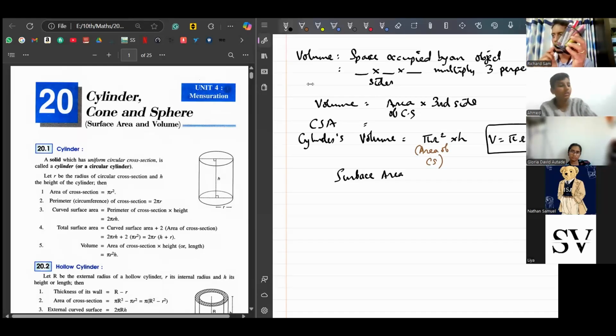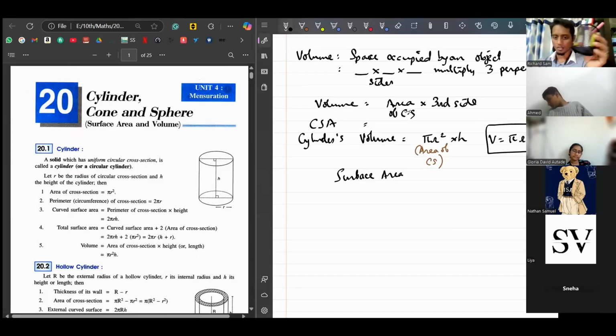How is that? Circumference of the circle, that is this ring, the distance around this ring. That value multiplied with the height will give you the curved surface area. Is that clear? So what will be the formula for curved surface area? What is the circumference of a circle? 2 pi r.